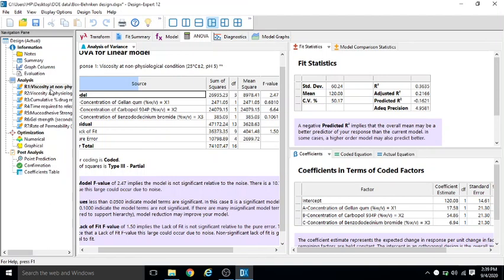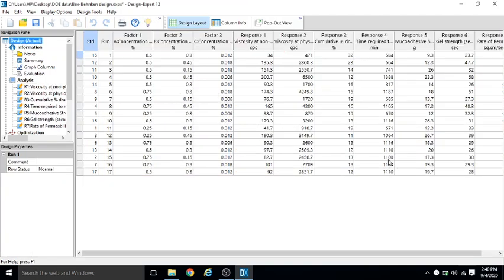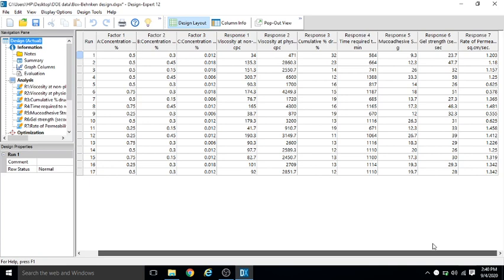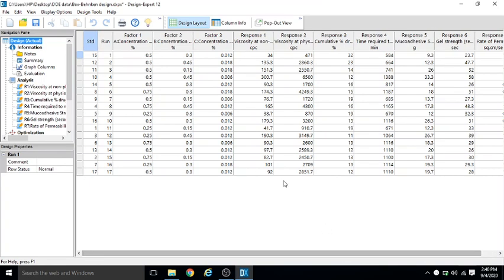Okay, but as I said earlier, the previous two methods were comparatively simple, but this particular one is slightly more complex. As you can see here, the amount of data which we are using is very huge. Okay, so there is always a possibility that some responses may not be significant in terms of ANOVA.